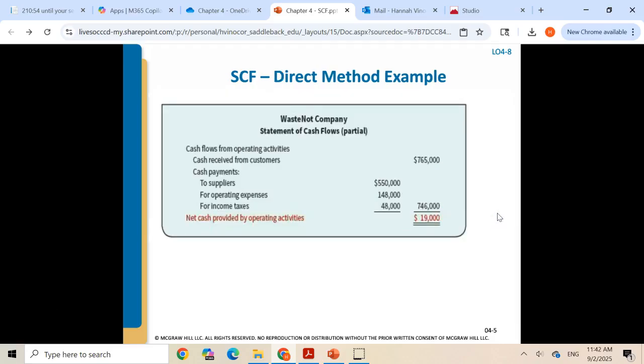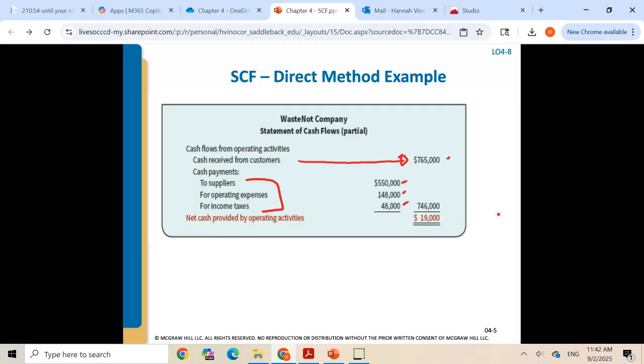Versus the direct method is, like the name states, more direct in that it truly shows you all the cash inflows. So here we have our cash received from customers, meaning these are our cash sales, less our cash payments. And here's a cash payment to suppliers, for operating expenses, for taxes.